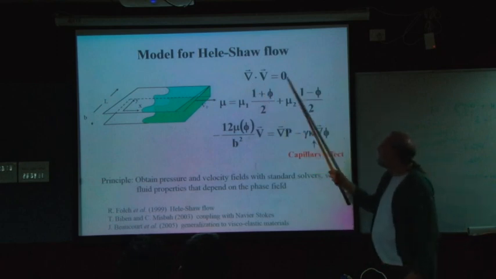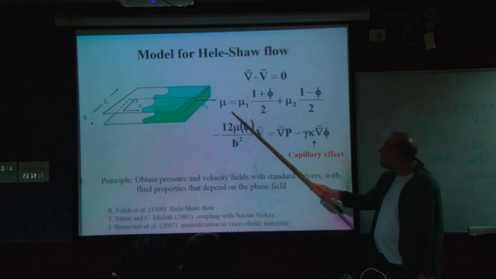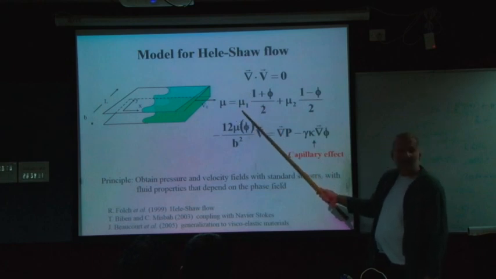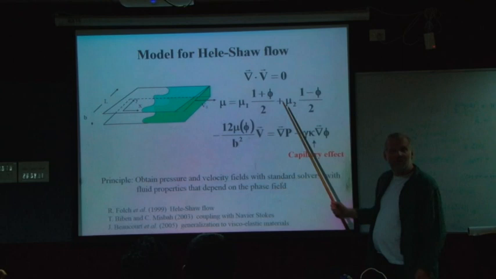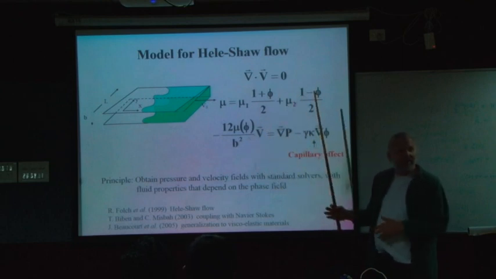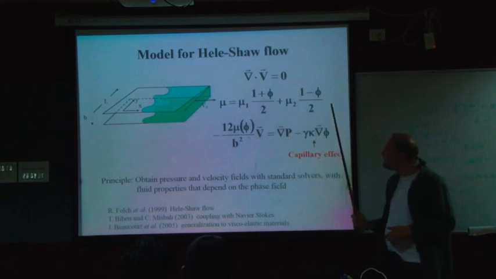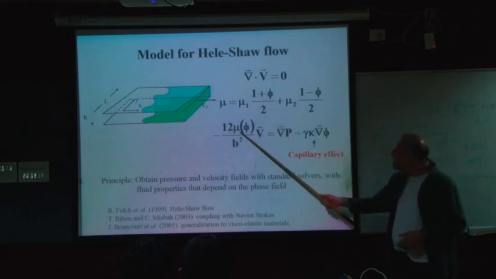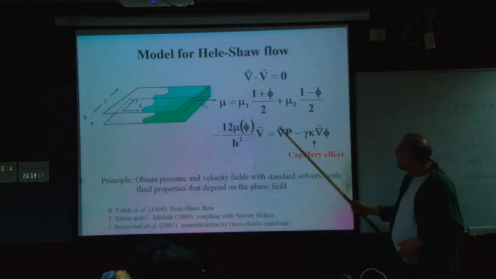So you take the divergence of the velocity equal to 0, you interpolate the velocity between the value in fluid 1 and fluid 2, just as we have had for diffusion coefficients, for free energy functions. You just use the phase field to interpolate, and you put this interpolation in Darcy's law.